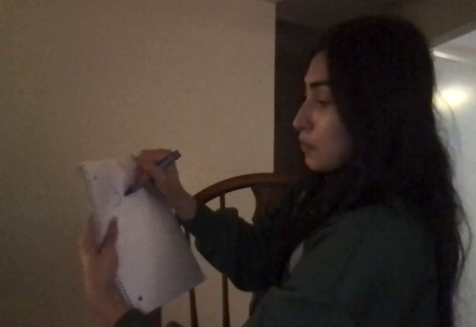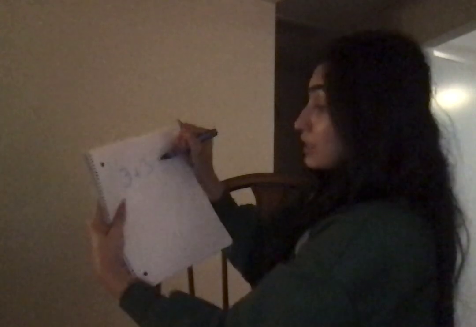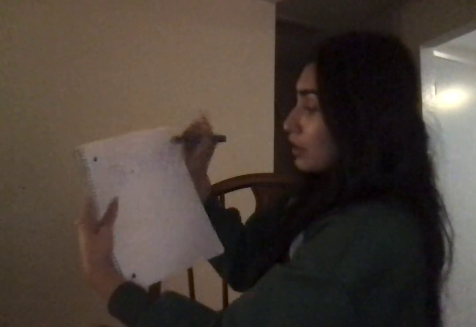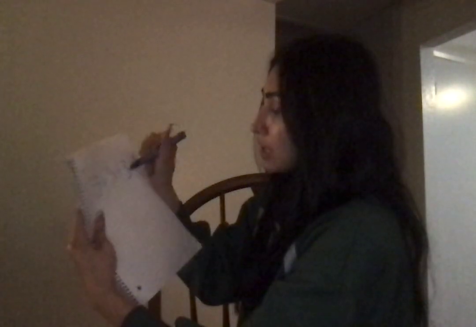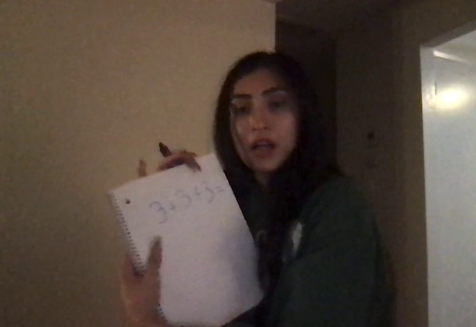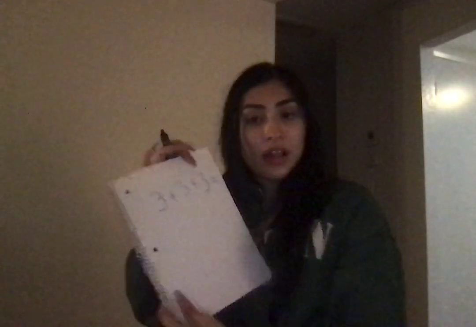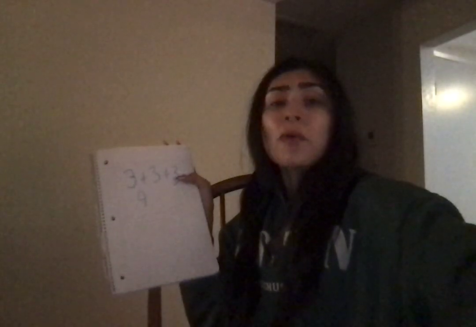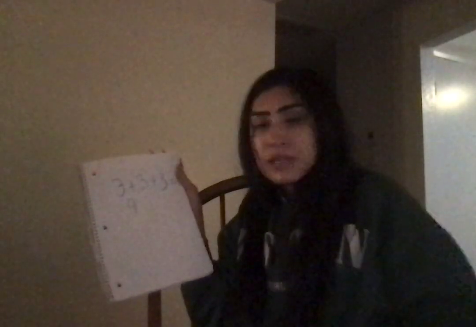Sorry if it's pretty ugly, I'm trying my best. 3 cookies plus 3 cookies plus another 3 cookies gives us what? How many? Correct. 9. We have 9 cookies all together. So 3 plus 3 plus 3 equals 9.